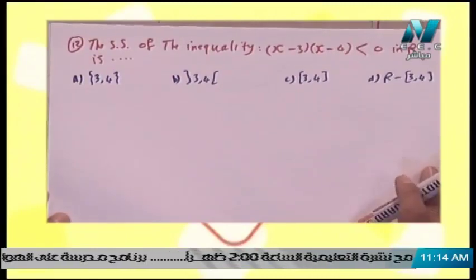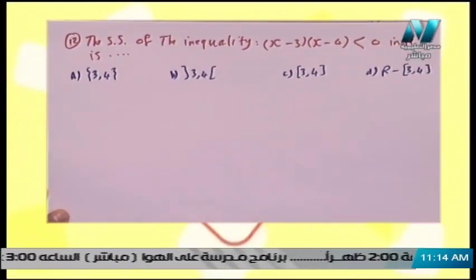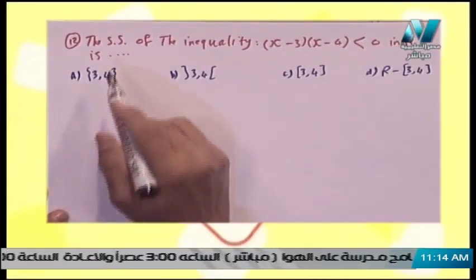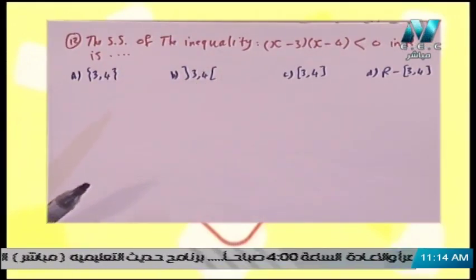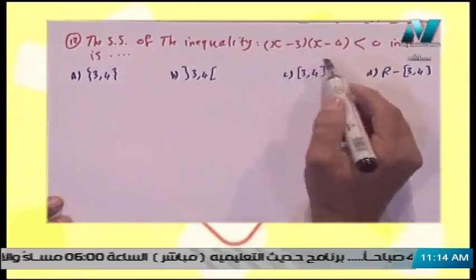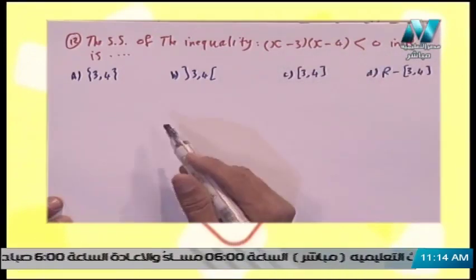Yes, my dear students, we have many questions for you, and this is the question number 12. Yes, the solution set of the inequality x minus 3 and x minus 4 less than 0 in R is what?